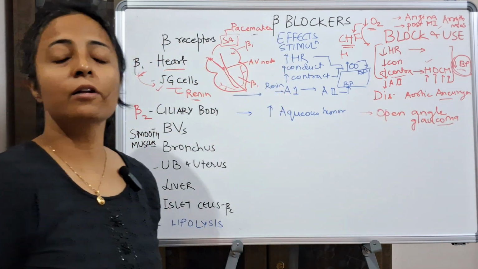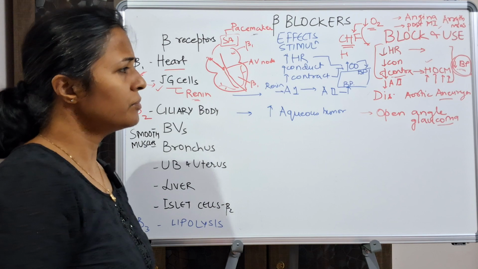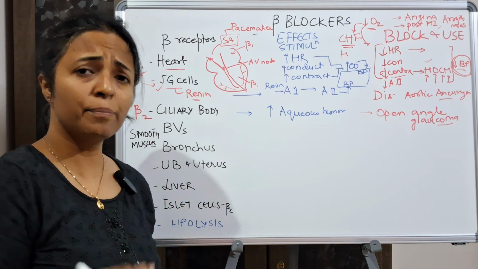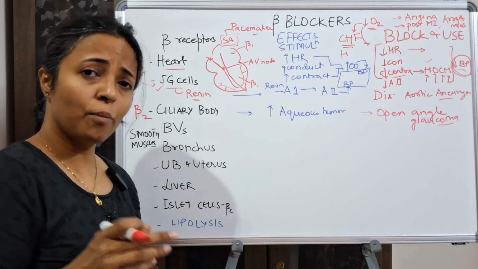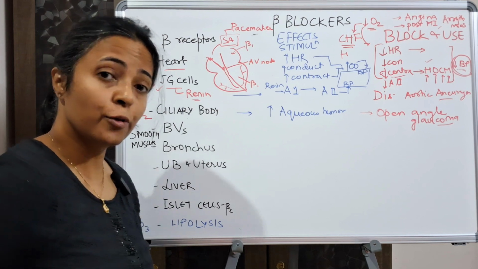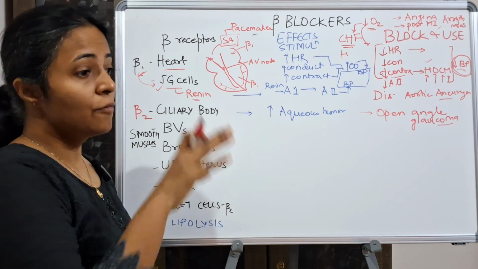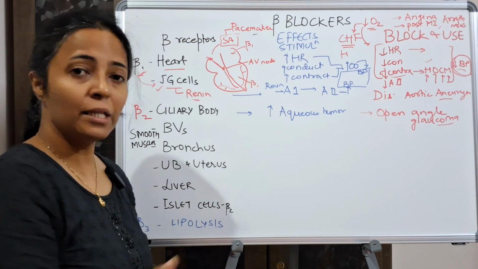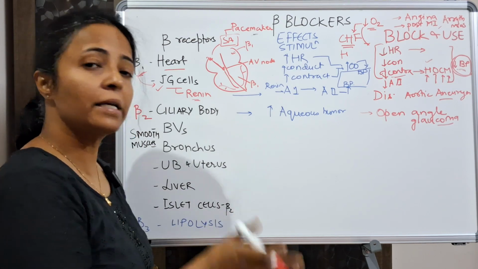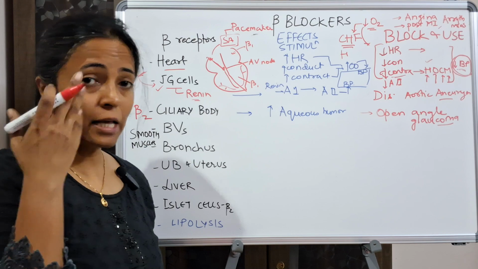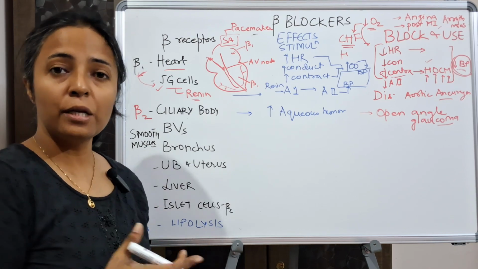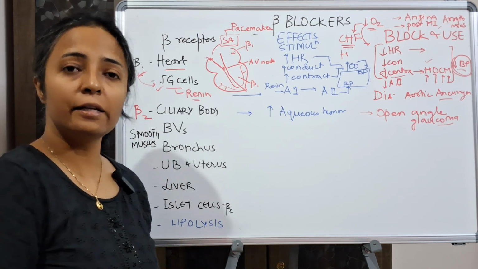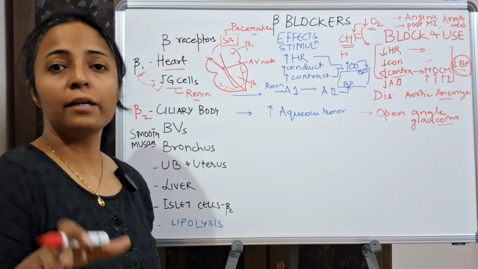Open angle glaucoma is basically where normal aqueous humor is being produced, but there is some problem in the channel through which the aqueous humor flows back. See, for any fluid in the body, there is incoming, there is synthesis happening, and there are some excretory pathways. So in the eye also, aqueous humor is being produced, and then it is being taken away by the uveoscleral outflow.